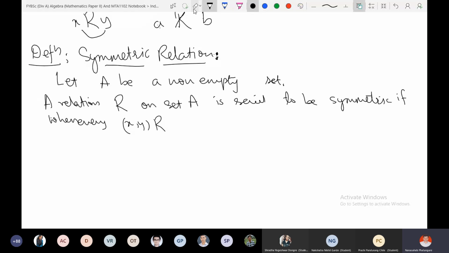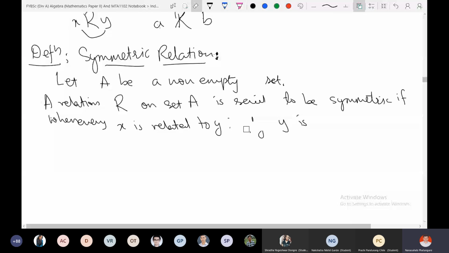Okay, let me write it in a different way. Whenever x is related to y, let me make it more clear.